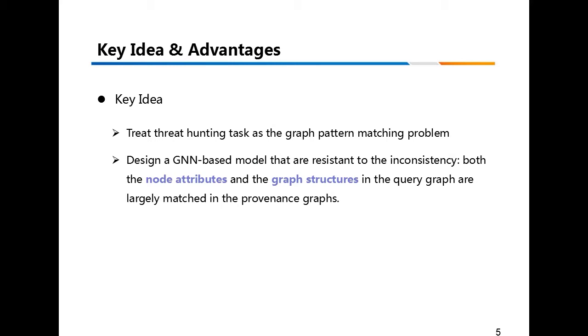The key idea of our paper is that we treat the threat hunting task as a graph pattern matching problem, and we design a GNN-based model that is resistant to the inconsistencies. If both the node attributes and the graph structures in the query graph are largely matched in the provenance graphs, the model outputs 1. Otherwise, it outputs 0.